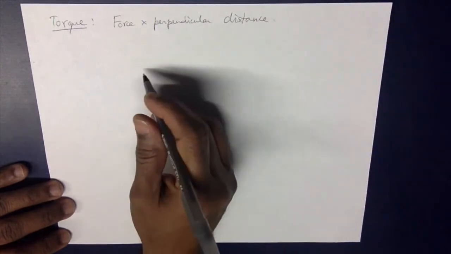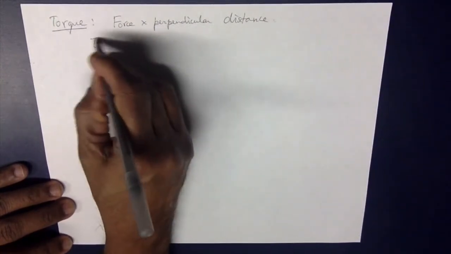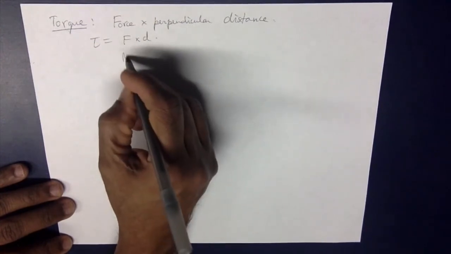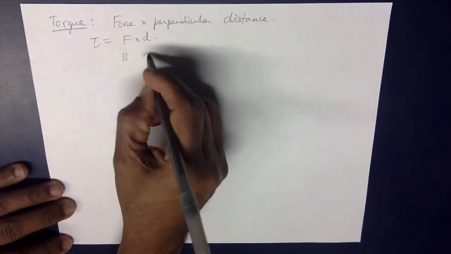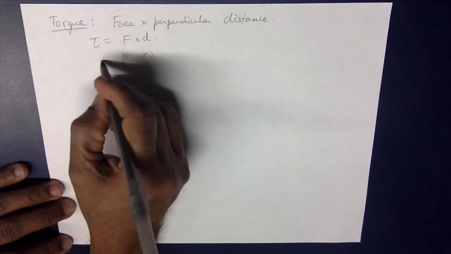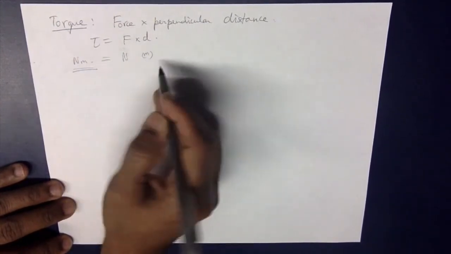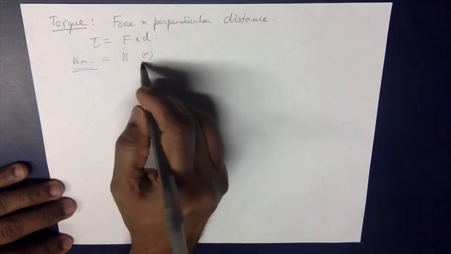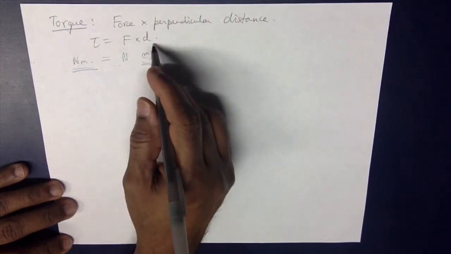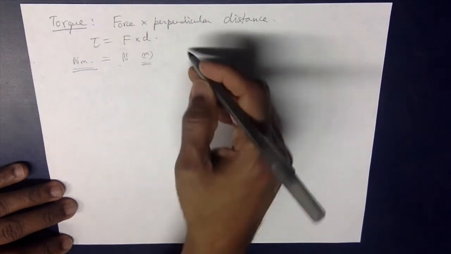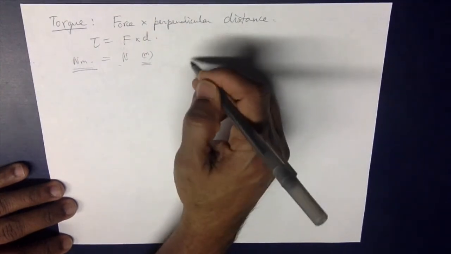So torque is equal to force times perpendicular distance. Force must be in newtons, perpendicular distance must be in meters, then the torque is going to be in Newton meter. So the unit of torque is Newton meter, the unit of force is newtons, and don't forget that perpendicular distance is supposed to be measured in meters, not centimeters. So if you're given it in centimeters, then you have to change it.